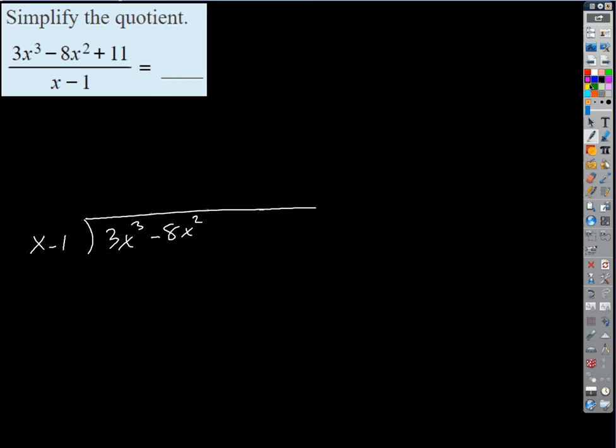If it doesn't show up, what must x be being multiplied by? 0, yeah, right? There's a missing term there, so we need to add a 0x to hold that column, because we need to preserve that column for that power of x. And then it skips on over to our constant, which is plus 11, okay?